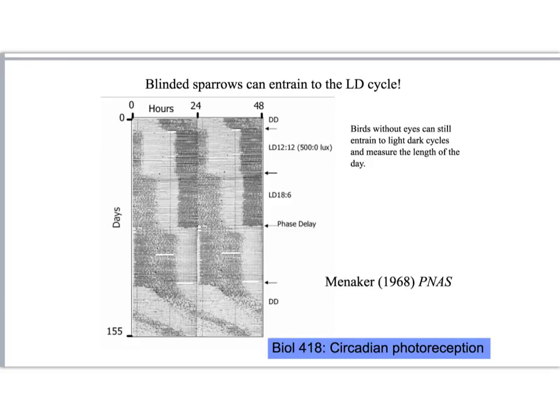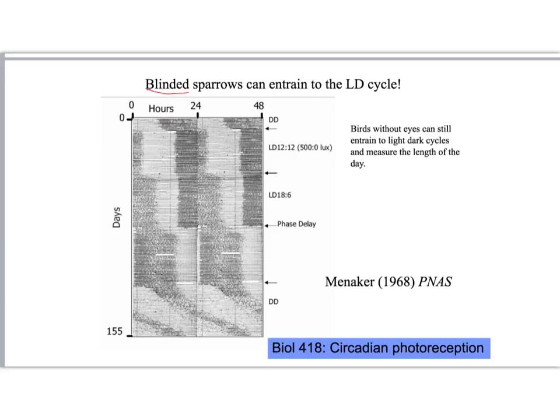Well, here we have the first kind of surprise in invertebrates. In this case, these are blinded sparrows. And what you see here is that these animals can perfectly entrain even when they have no eyes. Not only can they entrain, but they can also show responses to long or short photoperiod.